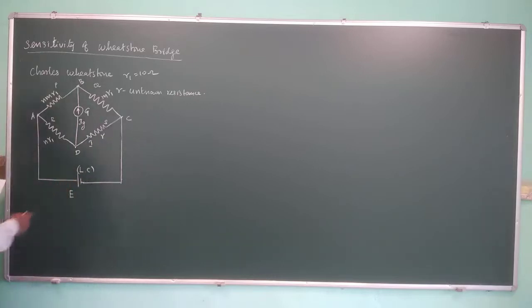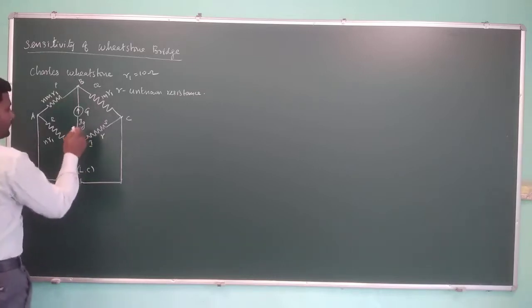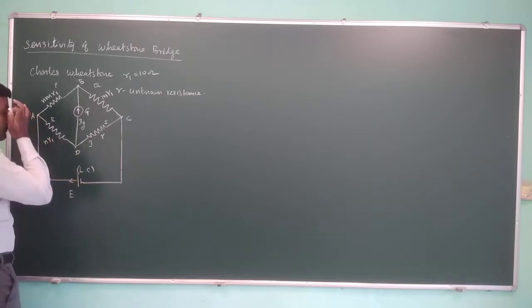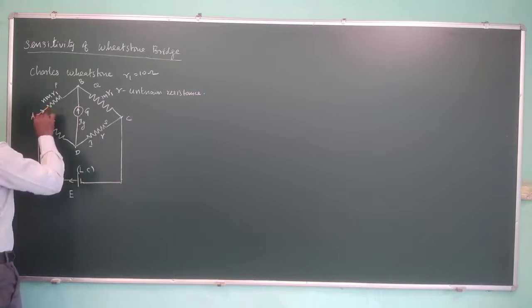Now, this is the direction of the current flow, from negative to positive, and at this junction it divides into two directions.